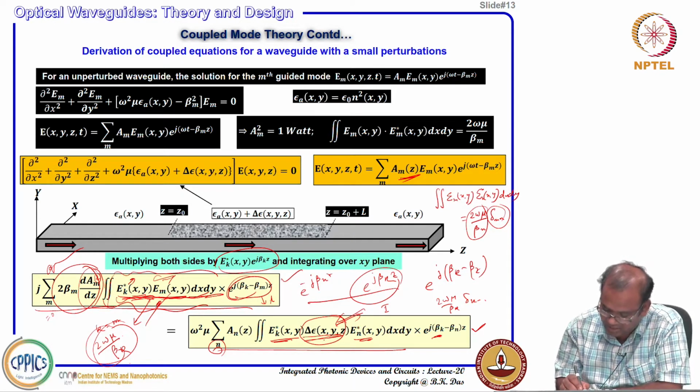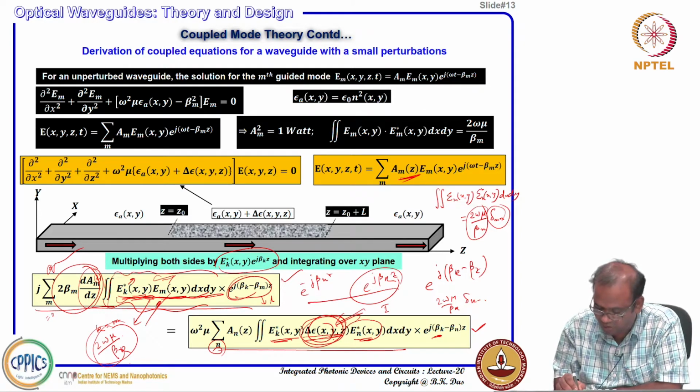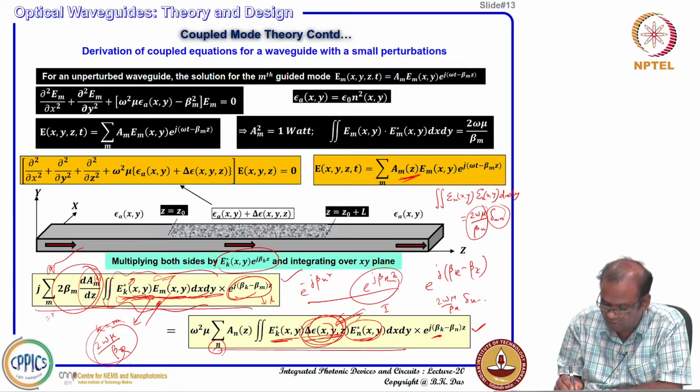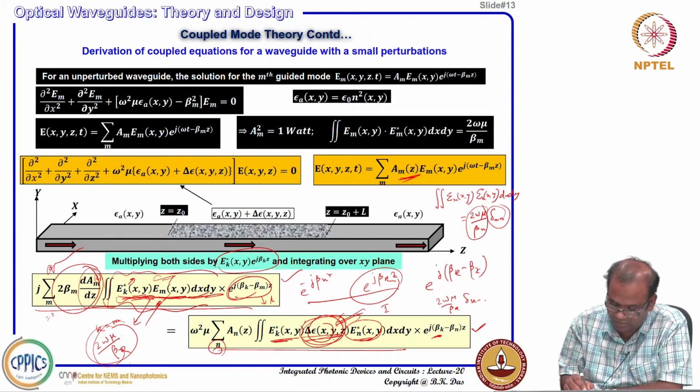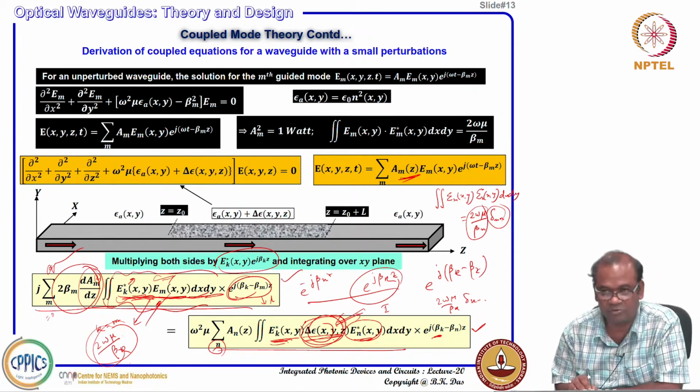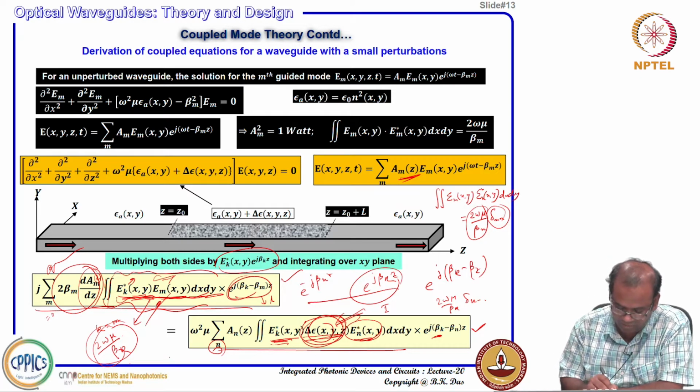But once it is there, because of this perturbation, you are operating the perturbation on all modes, and bit by bit seeing how much overlap comes. That means you are operating on the nth electric field, and then taking the projection, how much projection there is on the kth mode after operating. In vector form you can write it as E k star dot delta epsilon E n star x y.